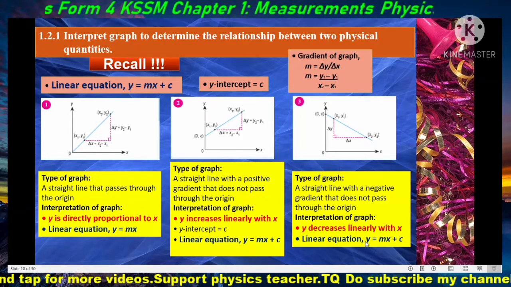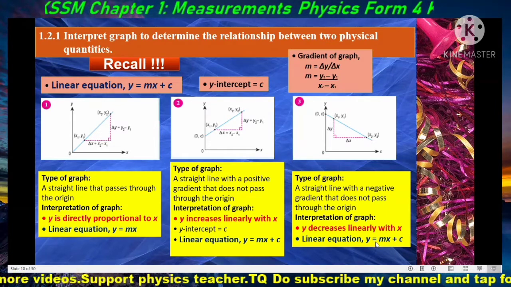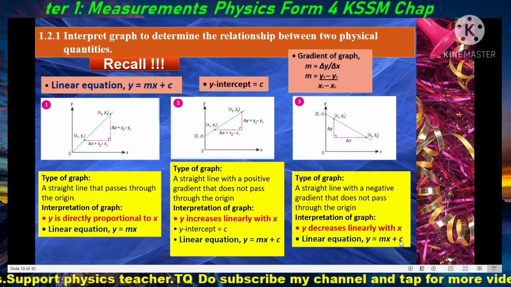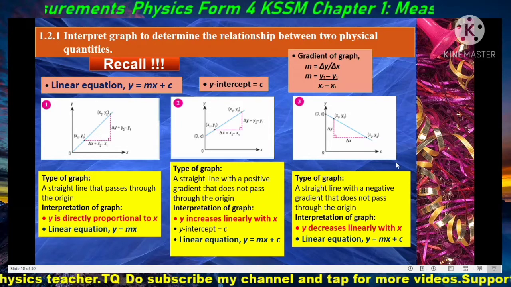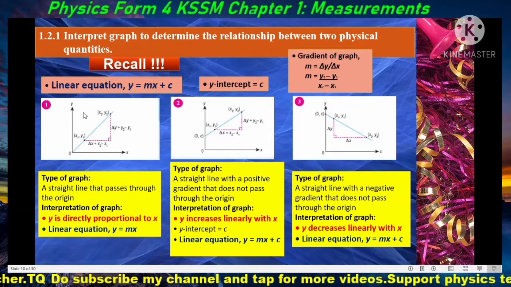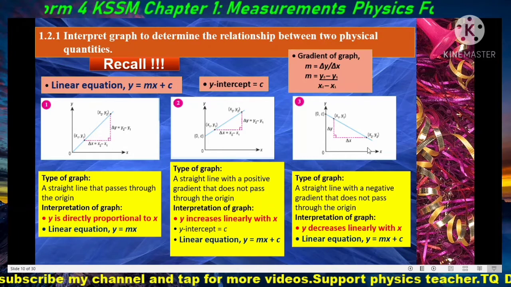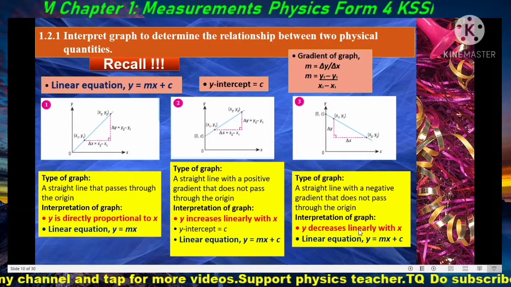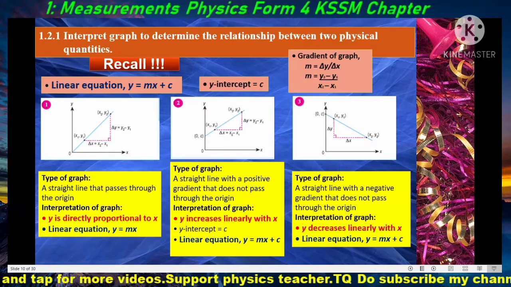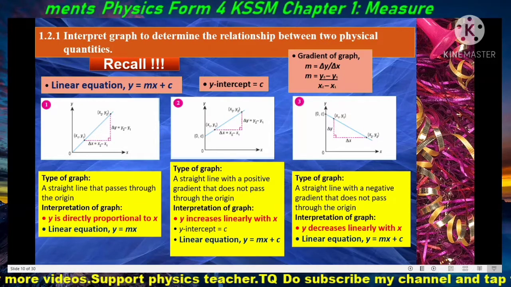And the linear equation for this graph is y equals mx plus c. Thus, for this part, based on the shape of the graph, you must be able to state the relationship between responding variable and manipulated variable.